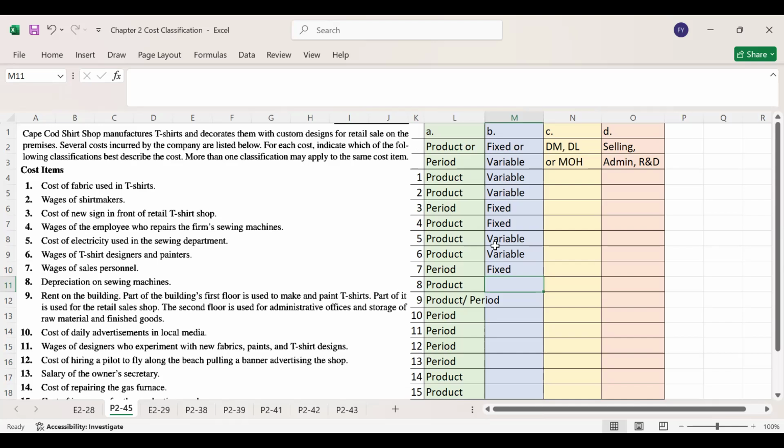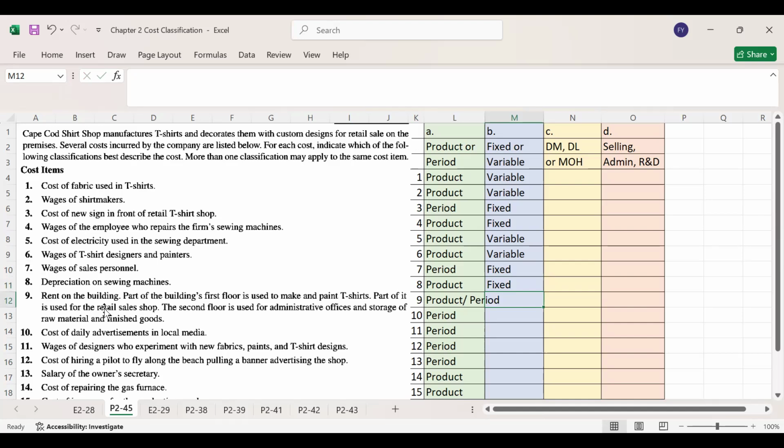So in this example, I assume that this depreciation is based on a straight line method, which is generally used. So this depreciation is a fixed depreciation expense.